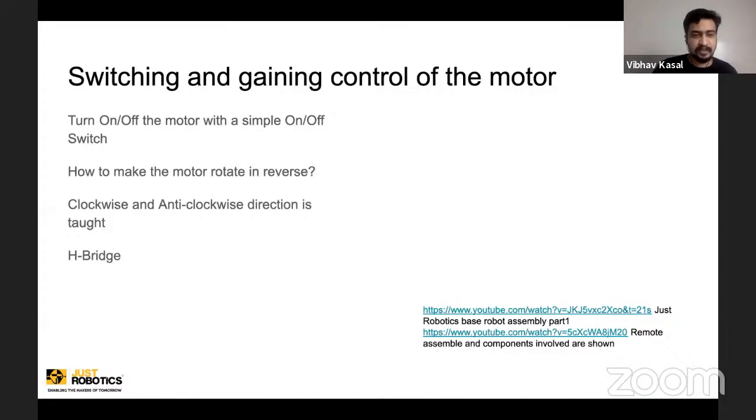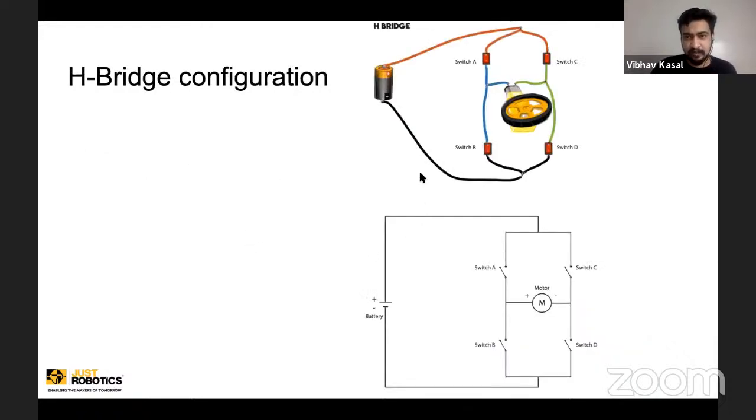There is an arrangement called an H bridge, wherein you use four simple on-off switches: switch A, switch B, switch C, and switch D, and you connect the motor in this format.